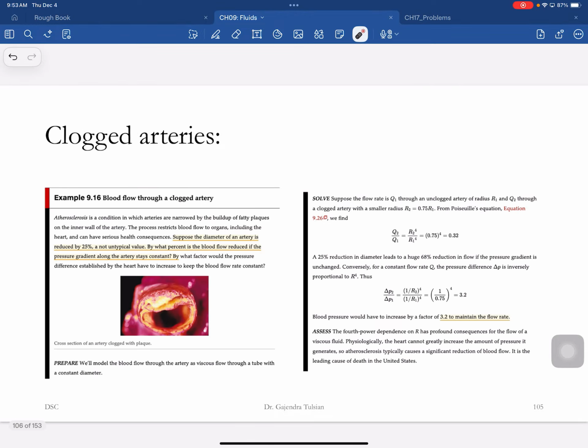This shows you the flow rate reduces to 32%. It decreases by 68%. So you reduce the radius by 25%, and the flow rate reduces by 68%. That's the dramatic effect.